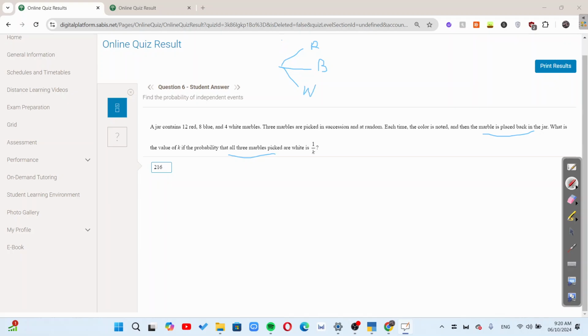Probability of red is 12 out of 24. You have to add 12 plus 8 plus 4, which is 24. Probability of getting blue is 8 over 24. And your probability of getting white is 4 out of 24.